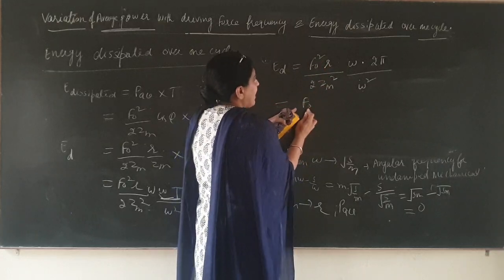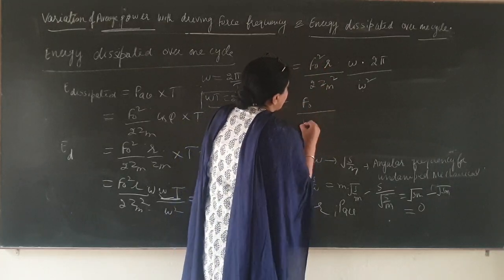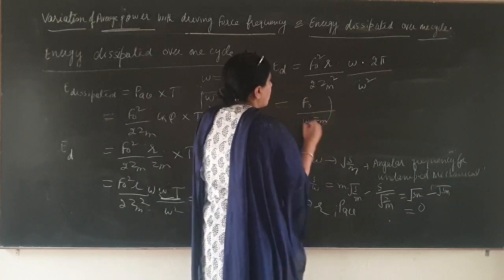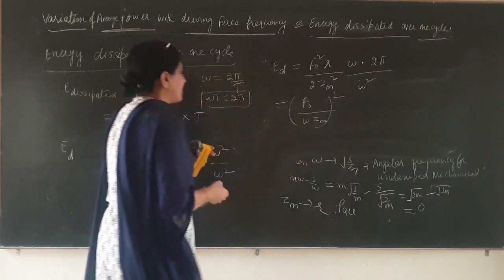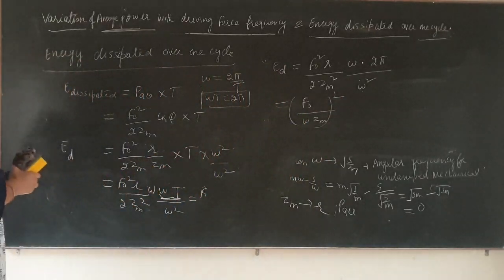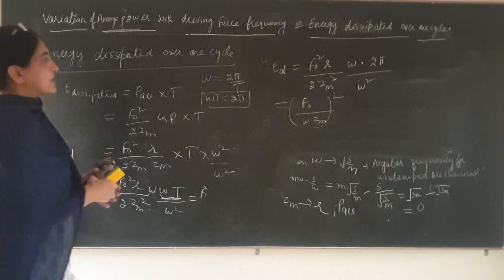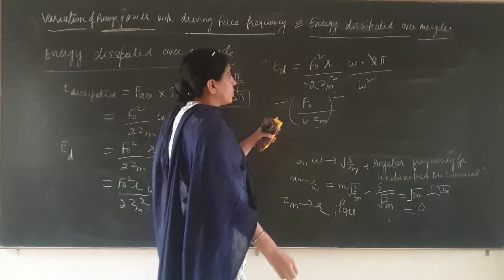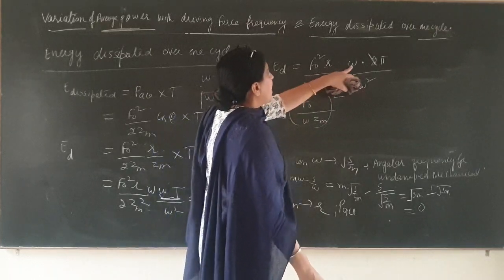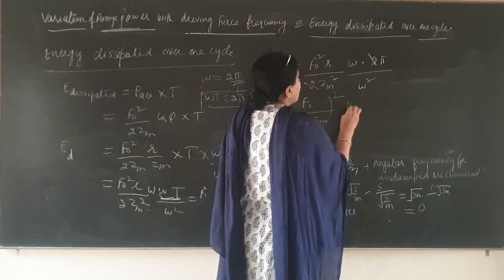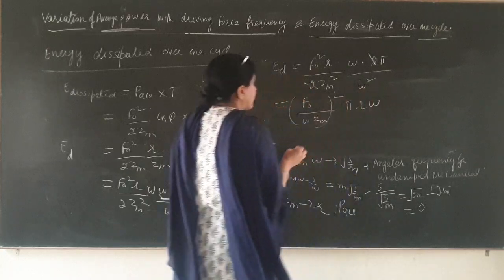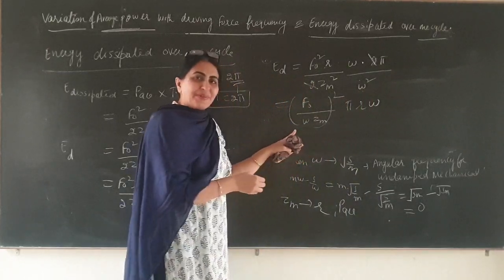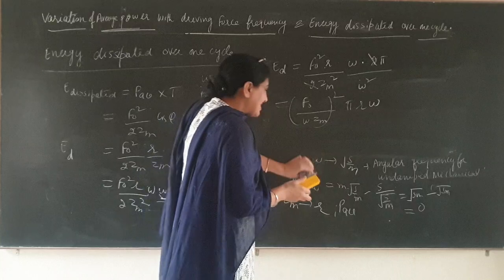So we can write F0 square over 2 Zm... This 2 goes with this 2. We have pi R omega. And what is this?